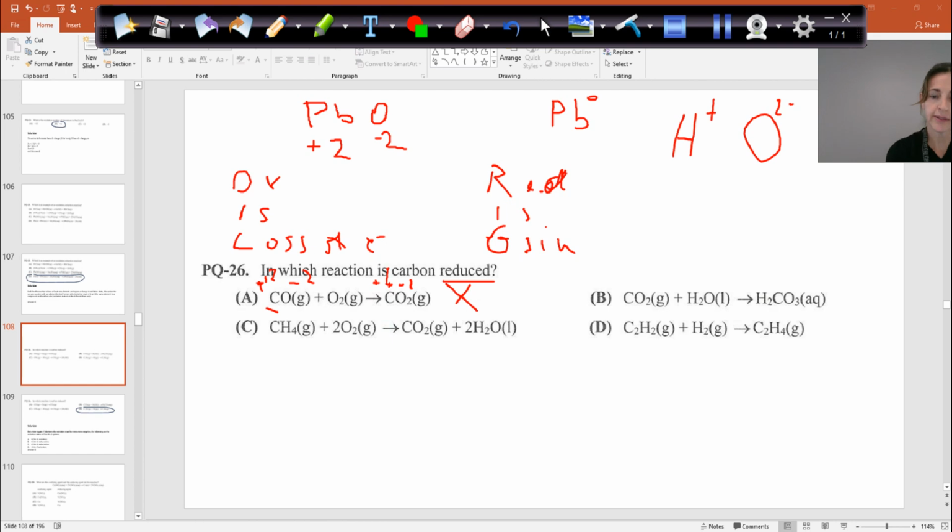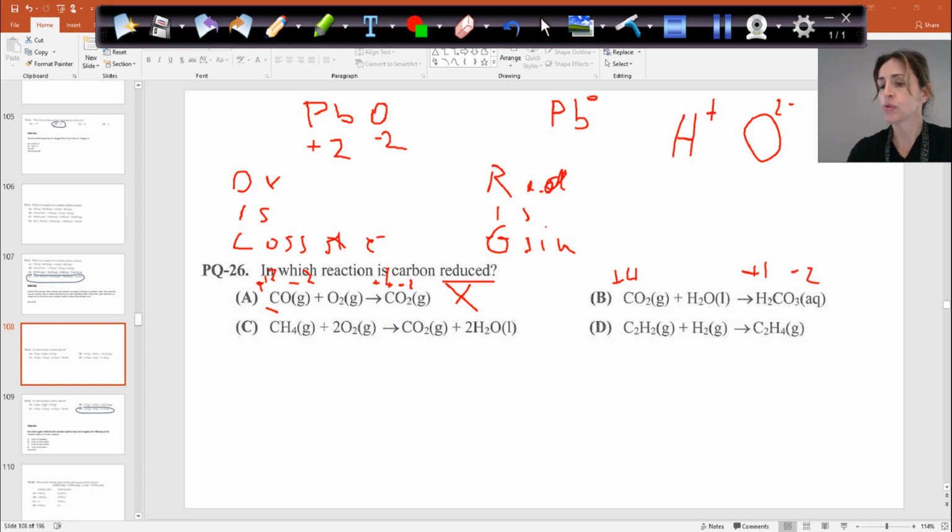Now let's look at B. CO2 is just like this CO2, so the oxidation state in here will be +4. What's the oxidation state of carbon in H2CO3, in carbonic acid? So let's see. This is +1, and oxygen is -2.